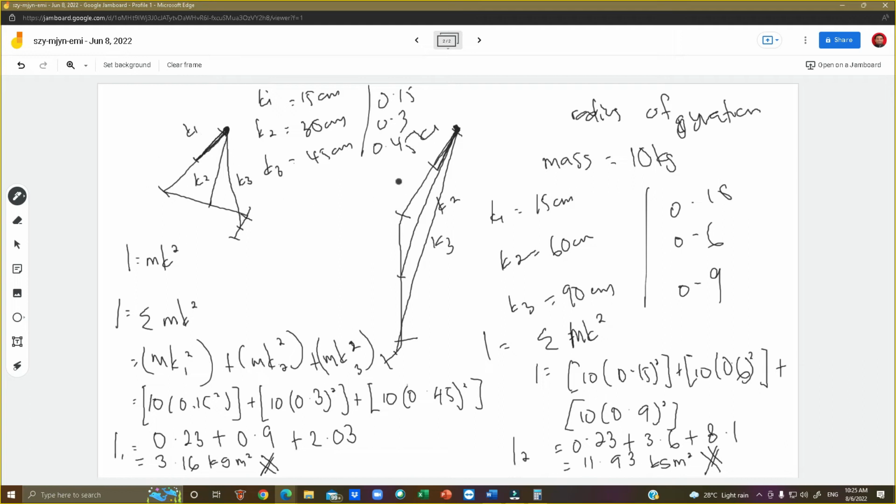This is moment of inertia. So here we prove that in rotational movement, radius plays a major role. If the radius of rotation is longer, you are going to use much more energy to do the same action compared to when the radius is shorter.